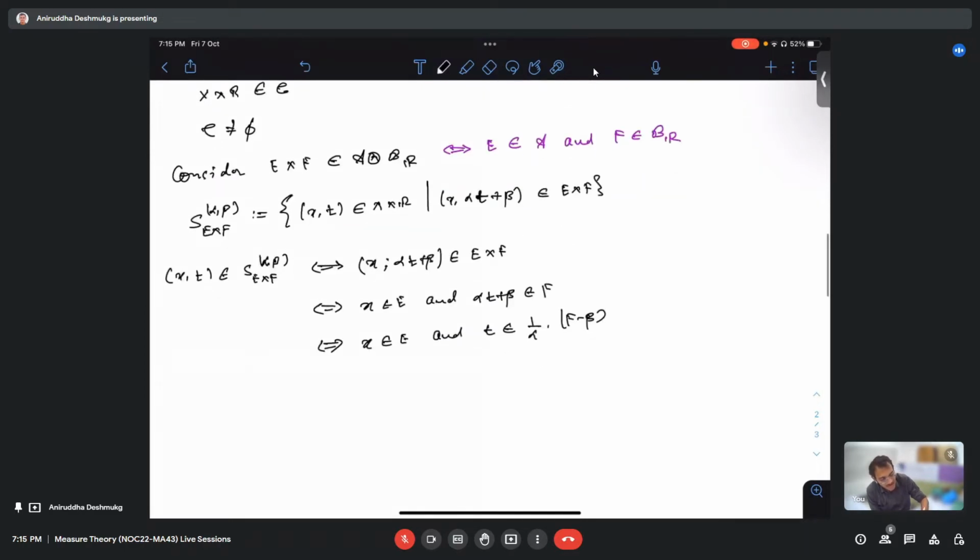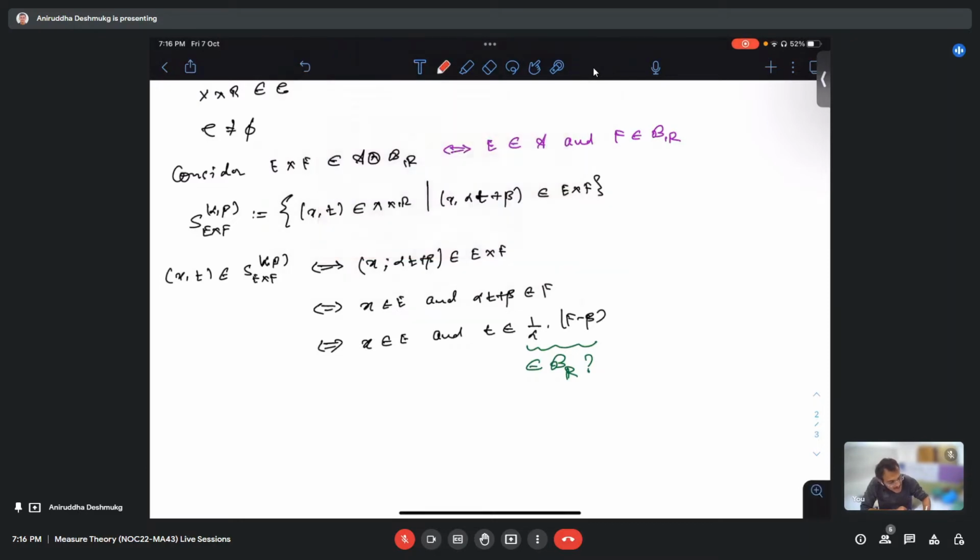But then, is this a Borel set? Yes, it is. Why is it a Borel set? Actually, there are two things here.